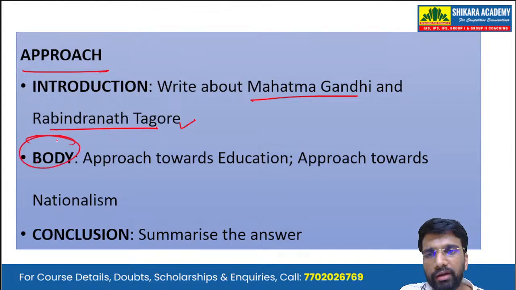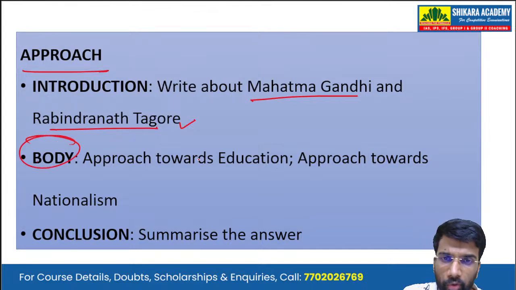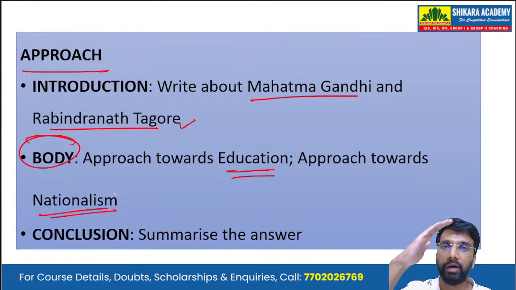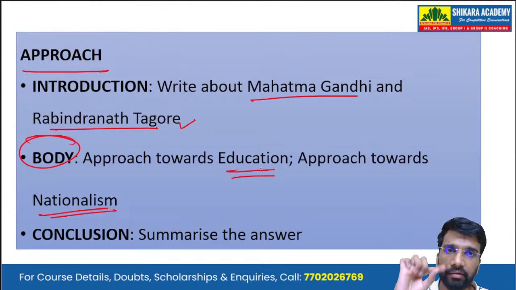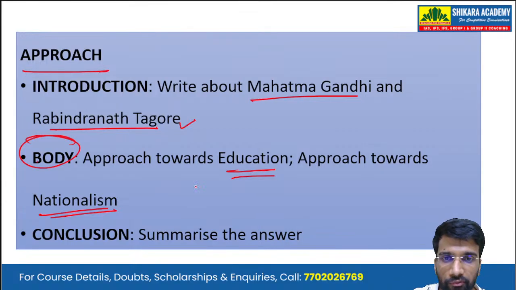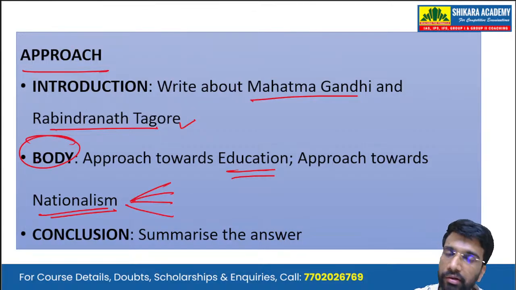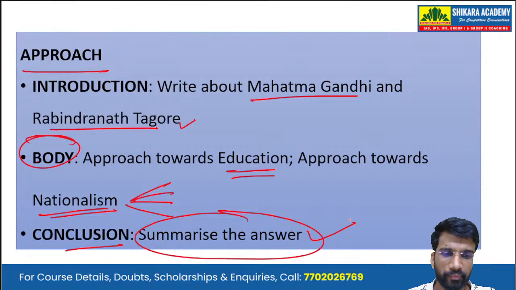And in the body, we address the demand of the question by writing their approaches towards education and their approaches towards nationalism. Mahatma Gandhi's approach towards education, Rabindranath Tagore's approach towards education, then Mahatma Gandhi's approach towards nationalism, and Rabindranath Tagore's approach towards nationalism. So these will be the four sub-parts of the answer. Then in conclusion, we will be summarizing the answer.